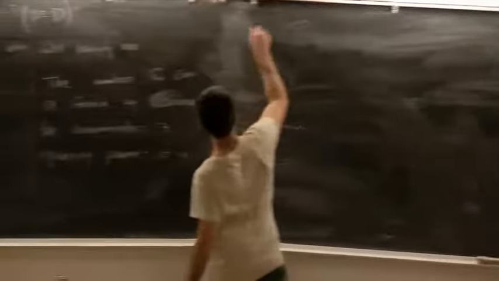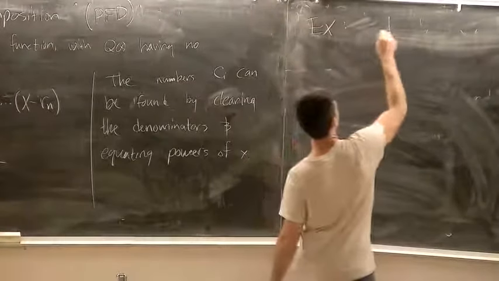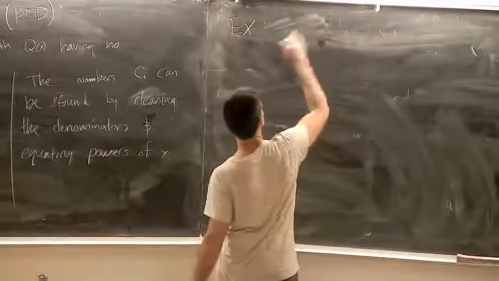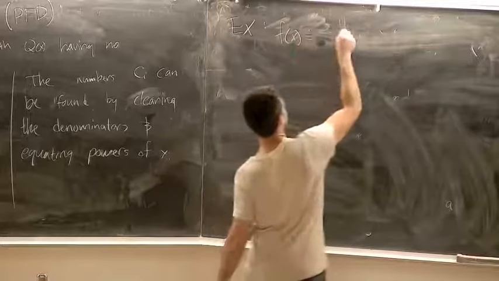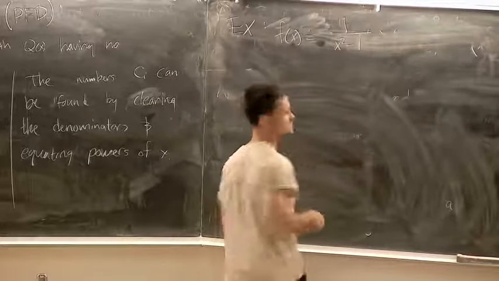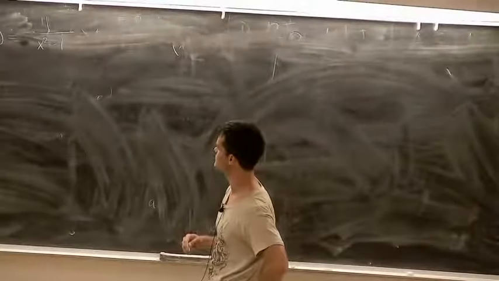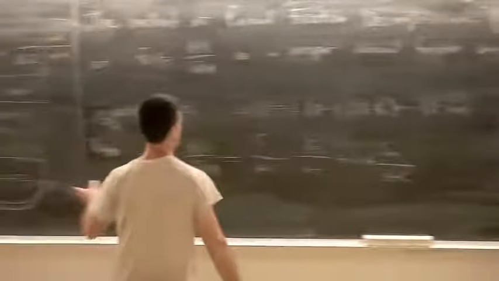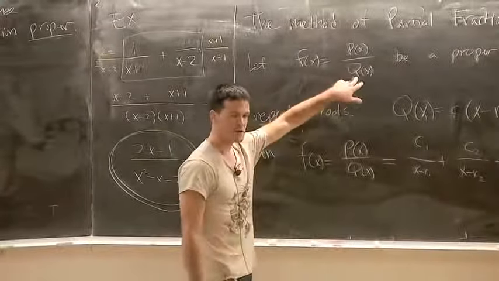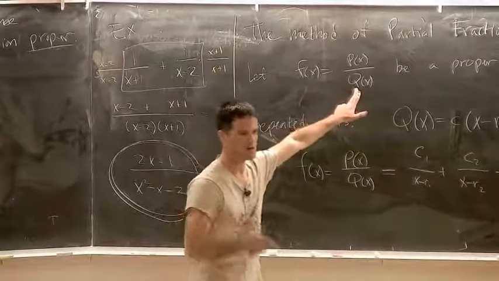So let's do an example of, how about if f of x is 1 over x squared minus 1. Okay. Now, the first thing that you would need to do in one of these problems is, if the denominator is not factored yet, well, then you have to factor it.